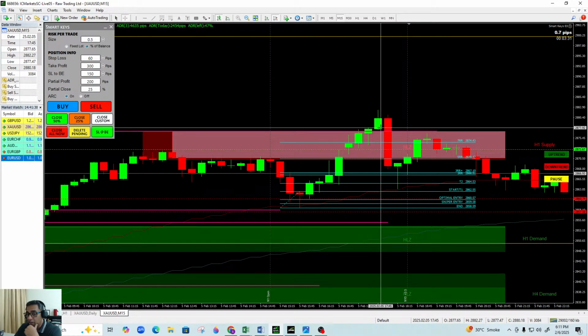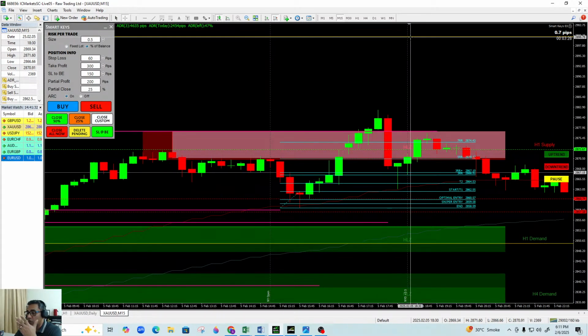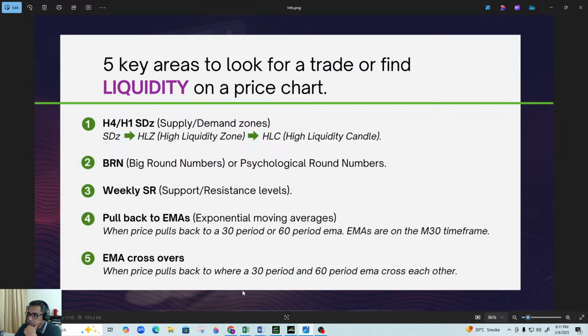It doesn't have enough liquidity to move up to 2900. That's all it means. So it needs to move down. It needs to go in the opposite direction to grab liquidity. Where will price grab liquidity from? One of these areas. As simple as that, right?